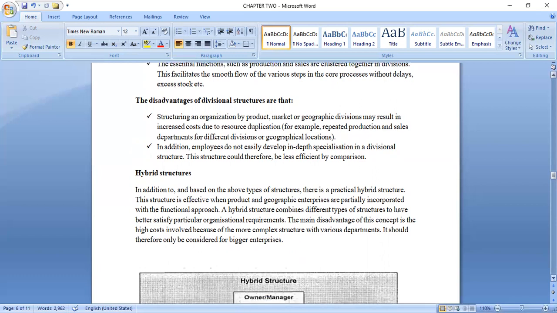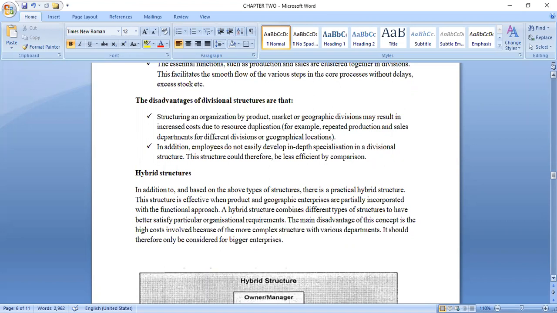Given the fact that it's complex, it becomes costly, because if you're categorizing these organizational structures in terms of product, market, or geographical division, it is complex, and at the end of the day, it's going to be costly.